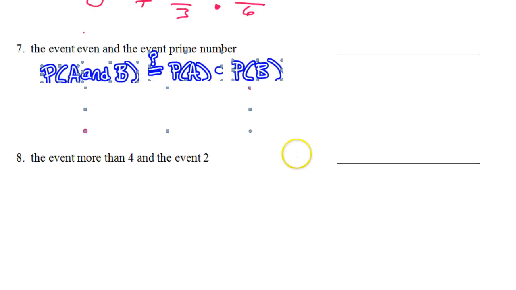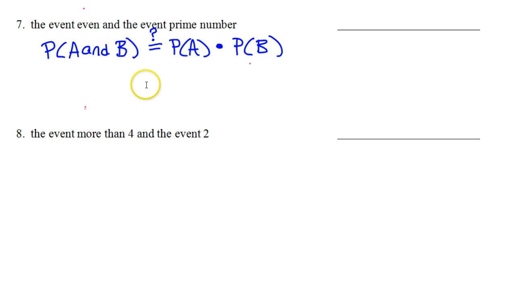Okay, once again, we're going to check out this formula. So, what do we have? The event A will be even, and event B will be prime number. Okay, I'm going to go to the black screen.